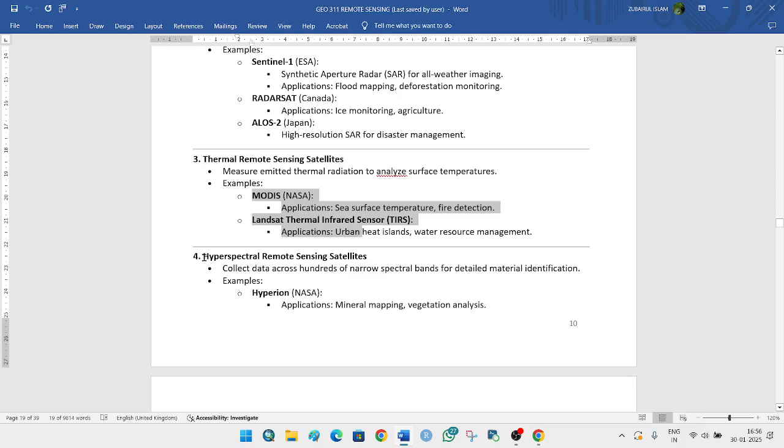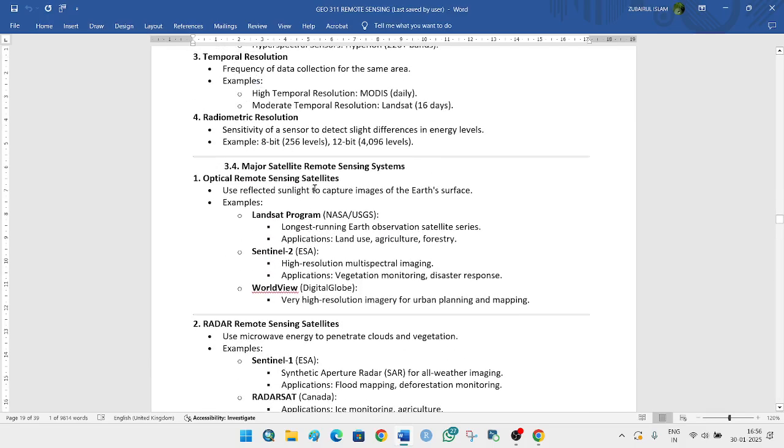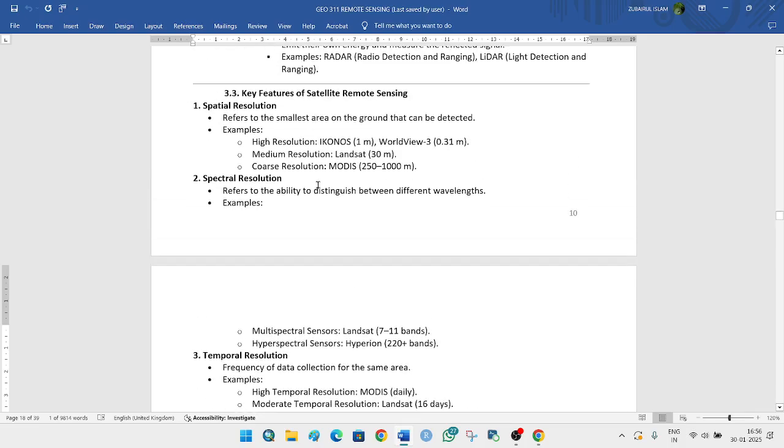And then this is a hyperspectral remote sensing data. Hyperspectral means spectral means wavelength. Hyper means many. Here we see that the bands are given like maybe 7 to 11 bands, but hyperspectral sensors have more than 220 bands.